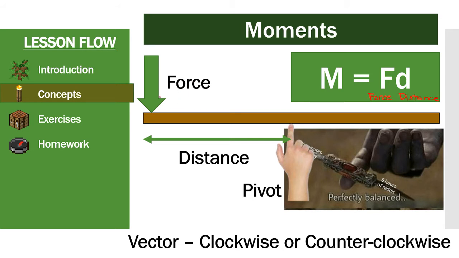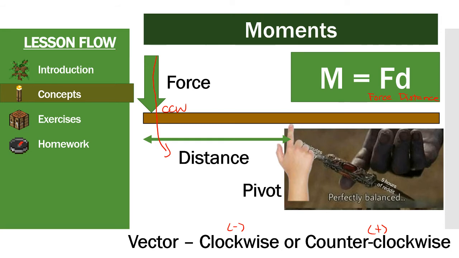So for example, this moment over here, we can see that this goes down and it's at the right side. Therefore, it is a counterclockwise kind of moment. By convention, clockwise is said to be the negative and counterclockwise the positive.